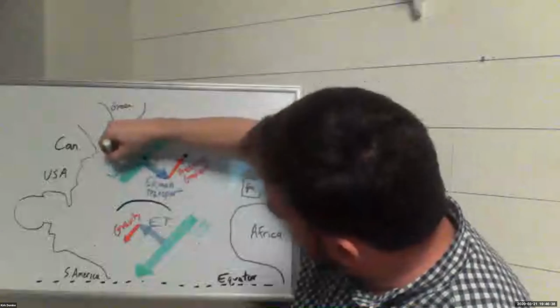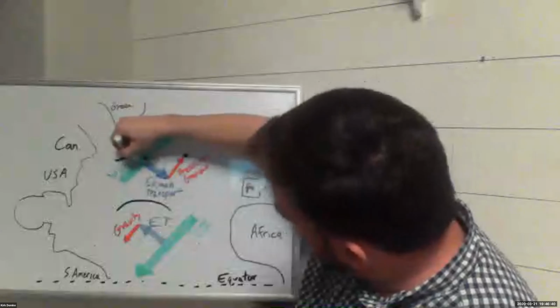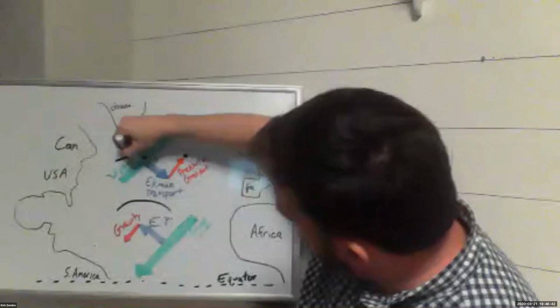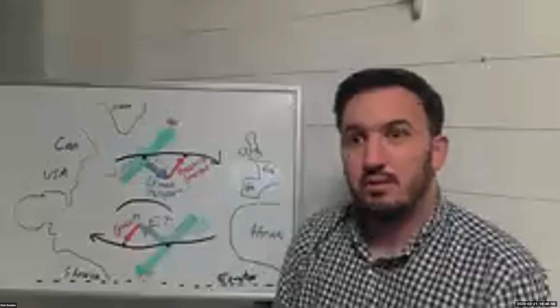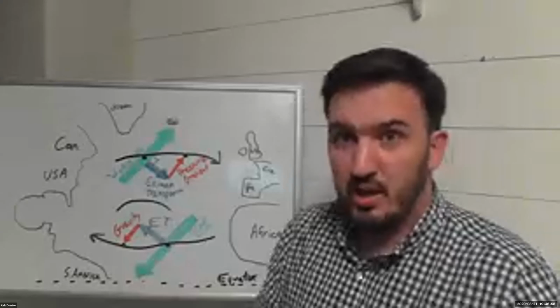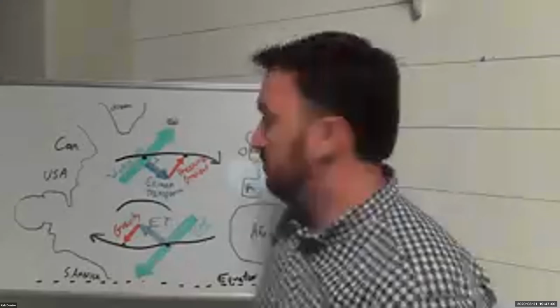This is the end of our loop. And so the current here in the North Atlantic Ocean, right through those two points, and the water down here more or less flows from here over to here. Pretty much flows straight across there. I did a horrible job drawing that bottom arrow.